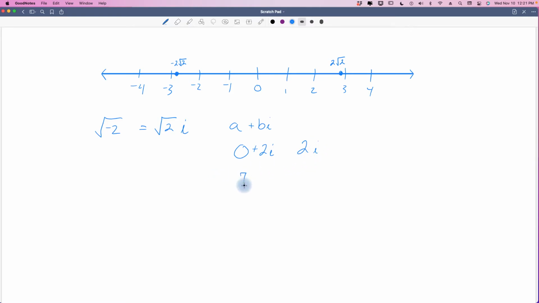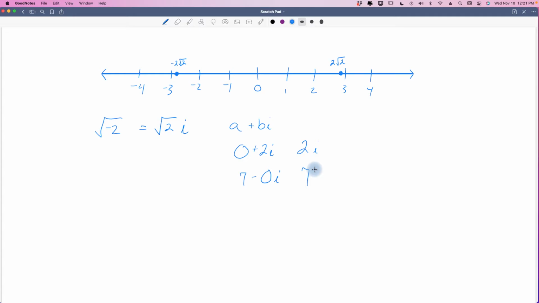And 7 minus 0i is 7. They're complex numbers written in the standard form. Thus, every real number is a complex number whose imaginary part is 0. And every imaginary number is a complex number whose real part is 0. That makes sense? Okay, never mind.